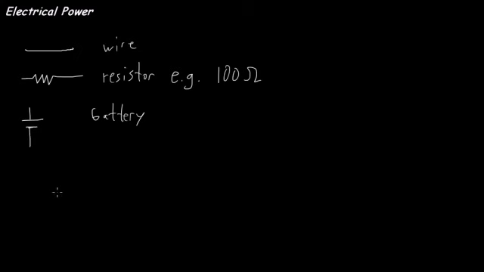So if we put these together, here's my battery, here's some resistor attached to it. And let's say that's 10 volts. Let's say this resistor is 100 ohms.